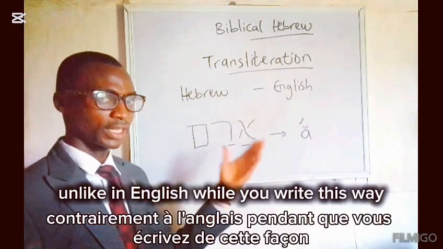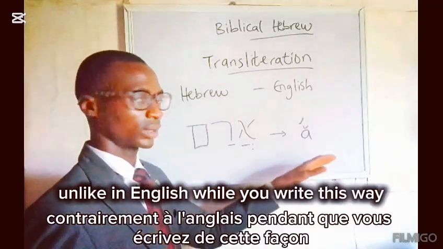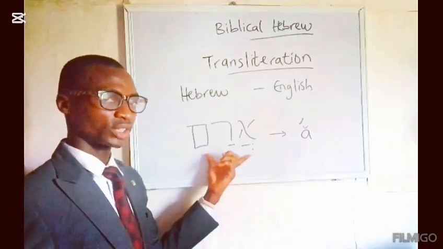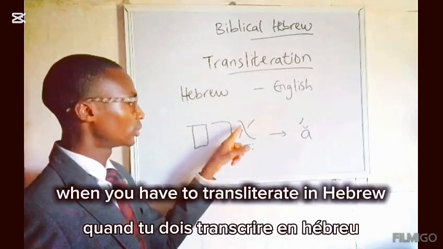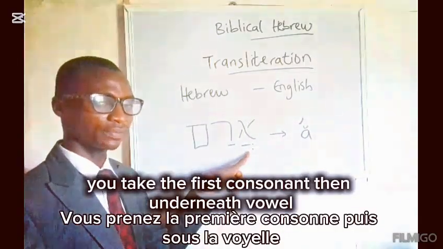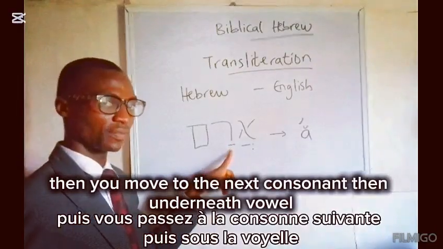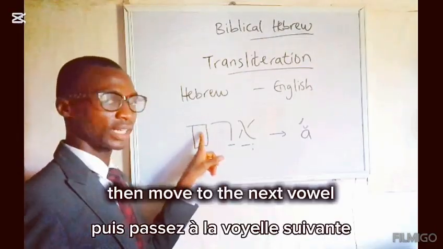Unlike in English, when we transliterate in Hebrew, you take the first consonant, then the vowel underneath, then you move to the next consonant, then the vowel underneath, then move to the next.